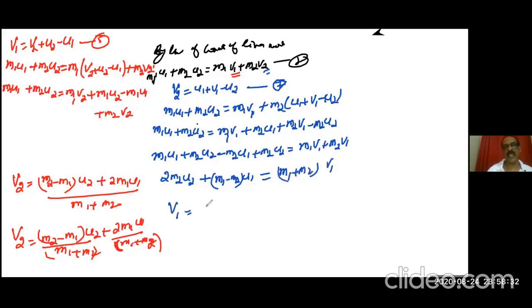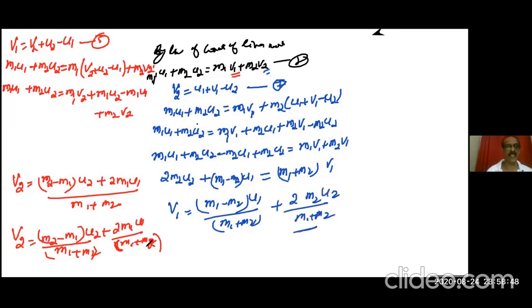Now V1 is equal to M1 minus M2 into U1 divided by M1 plus M2, plus 2 M2 U2 divided by M1 plus M2. So same like this. This is equation number 8.